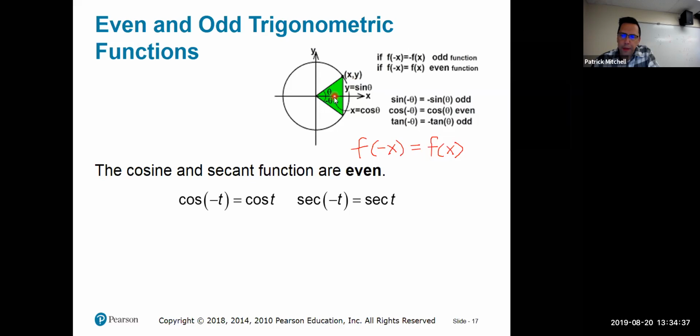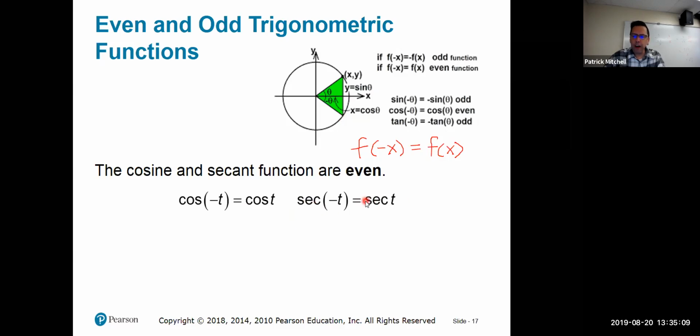If you change that theta to opposite theta, it brings you down to this point, which would be x, negative y. In other words, the x coordinate does not change, okay? So in this picture, the cosine of theta would be x, and the cosine of opposite theta would also be x, all right? Because these two x coordinates are exactly the same, okay? So that makes the cosine function even.